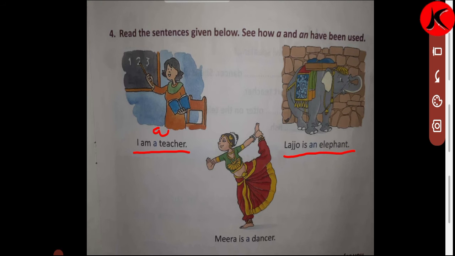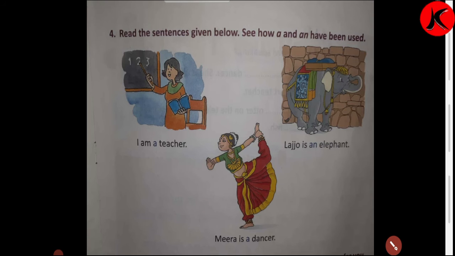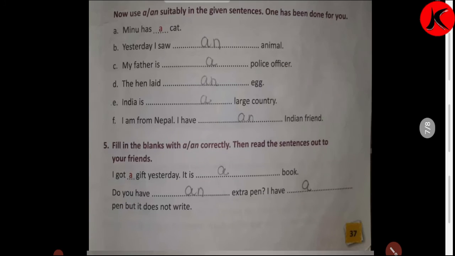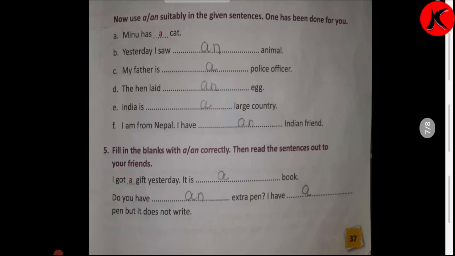Why is A and N written over here? Because E is there. E for elephant, and E is a vowel. Meera is a dancer. Only A is written because D is there and D is not a vowel. So again we will read. I am a teacher. Lajjo is an elephant. Meera is a dancer.